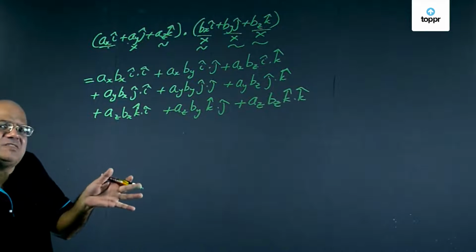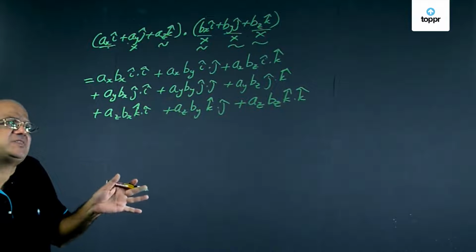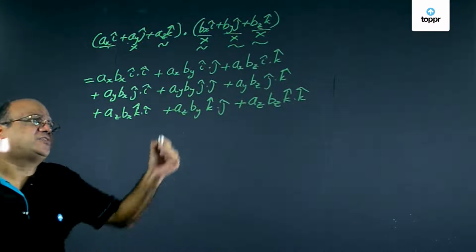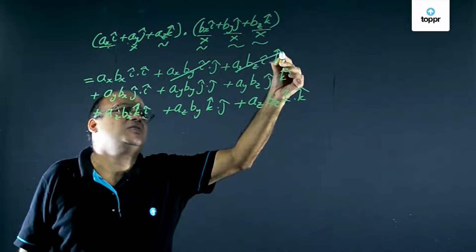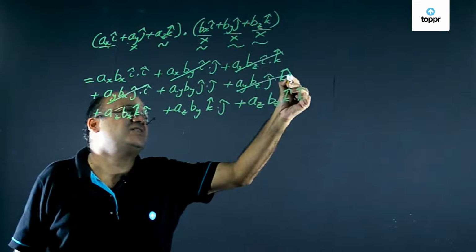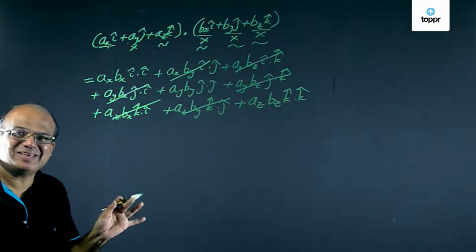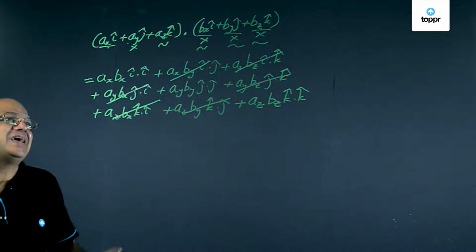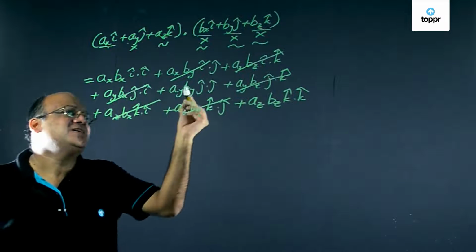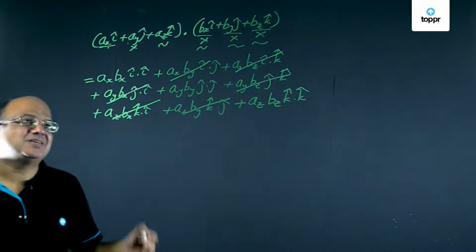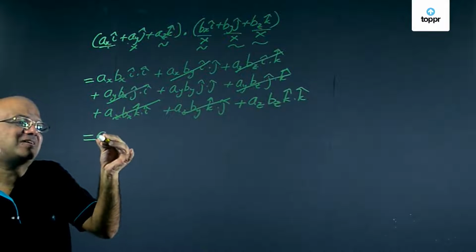How many of these terms are 0? 6 terms. Wherever they are different, it is 0. So this is 0, this is 0, this is 0, this is 0, this is 0, this is 0. We are left with only 3 terms. And i cap dot i cap is 1, j cap dot j cap is 1, k cap dot k cap is 1.